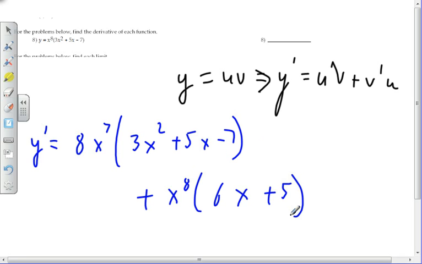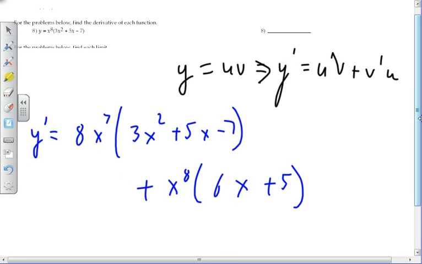And at that point I would call myself done. I wouldn't try to combine like terms. I wouldn't do anything. I'd just say done, move on. You said you wouldn't try to combine them? Nope, I wouldn't. If it said find the derivative and simplify, then I might think I should simplify it.